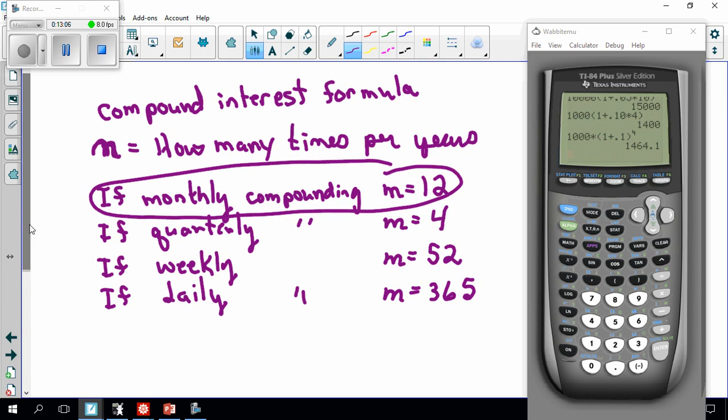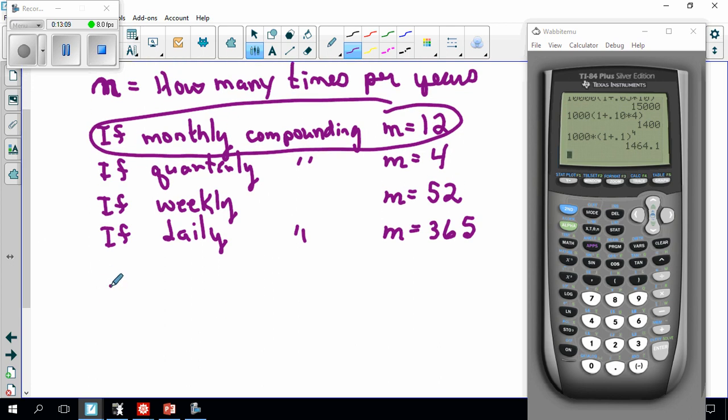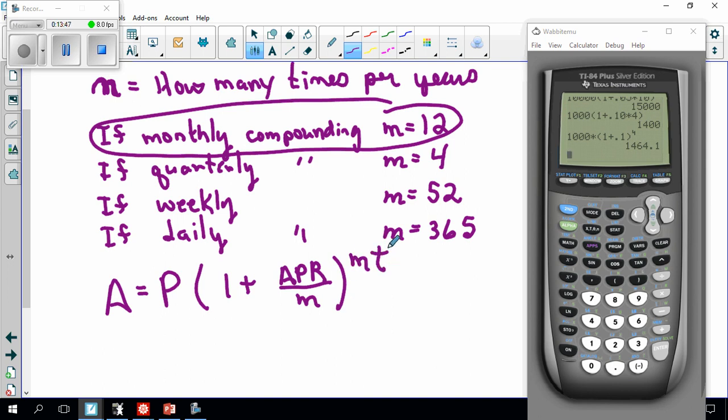Anyway, here comes the formula. This is my formula, not the book's. Mine's better, but we'll break it down to the book. Well, how about let's start with the book. 1 plus the APR divided by M to the MT. Sorry, you gotta understand, I've taught this for 20 some years, and I never used it.